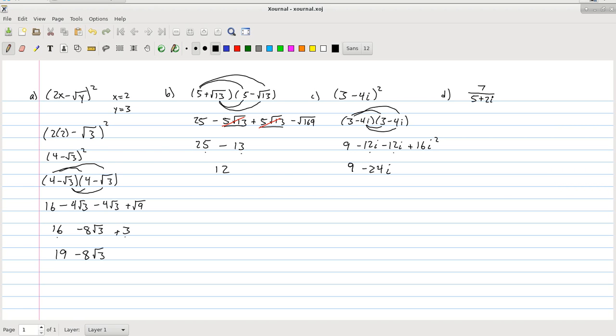This 9 in the front will just stay. Now this back term, remember, i squared is negative 1. So negative 1 times positive 16 is negative 16. Then finally we can combine like terms with the whole numbers. 9 minus 16 is negative 7 minus 24i.